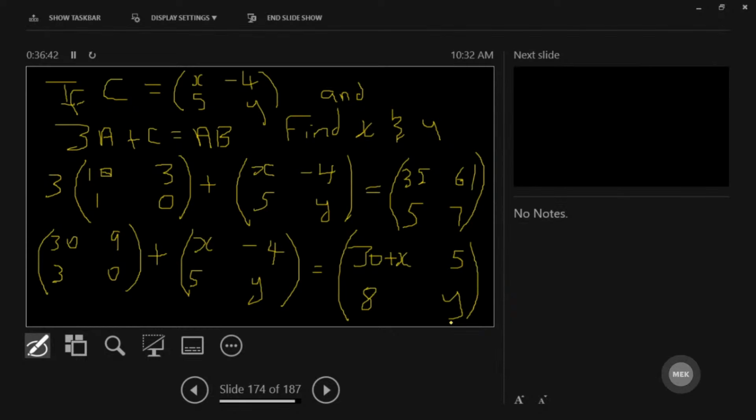All right, so we need to equate them with the product that we just found. They only want us to find x and y. So 30 plus x will be equal to 35. And y, we already see y is equal to 7.